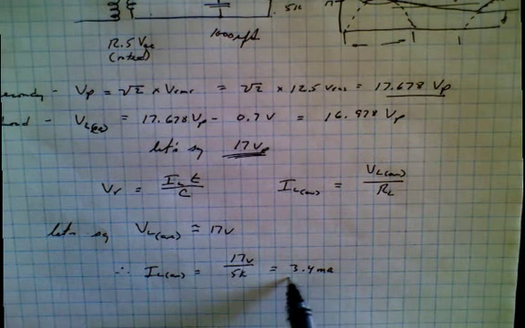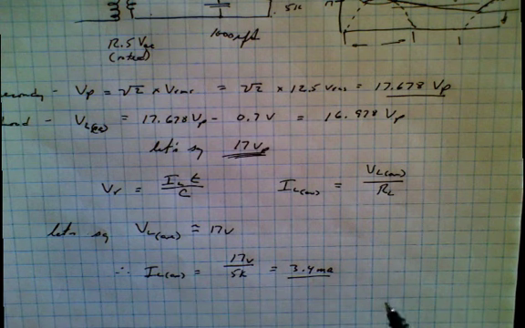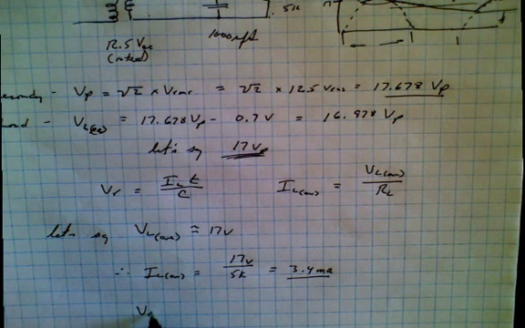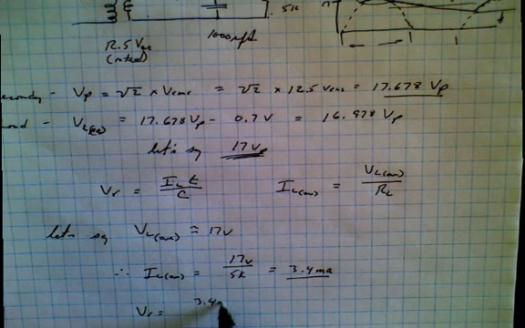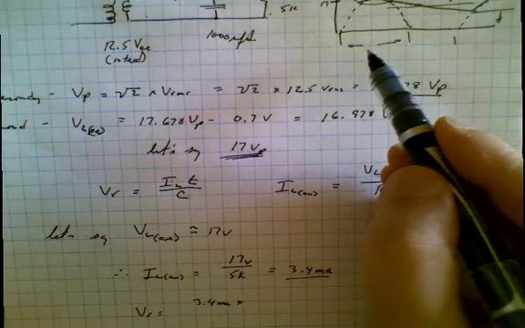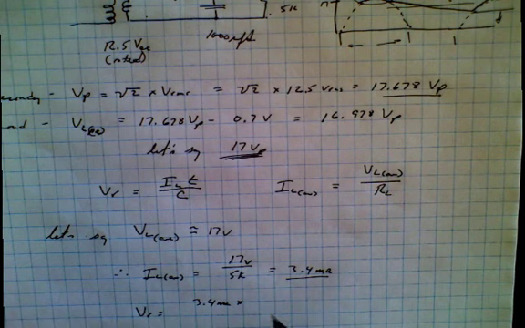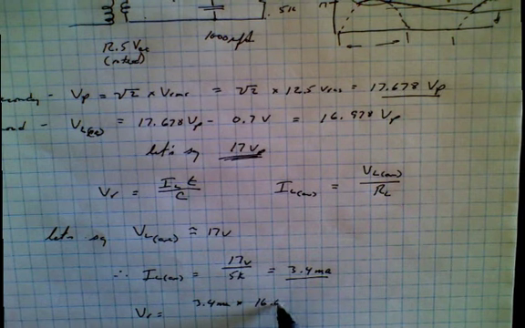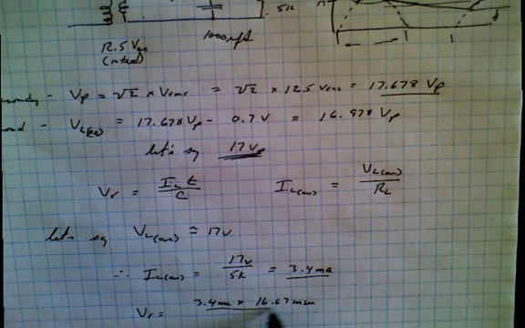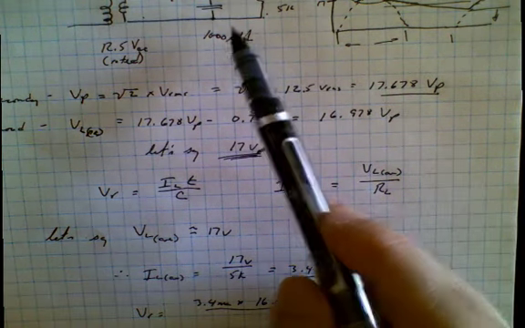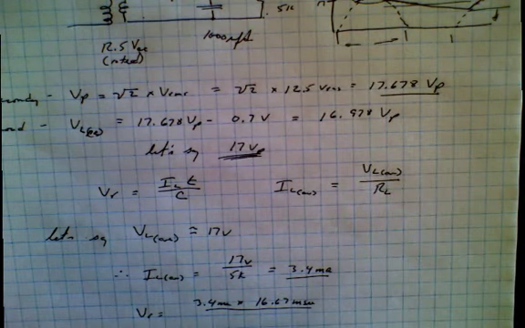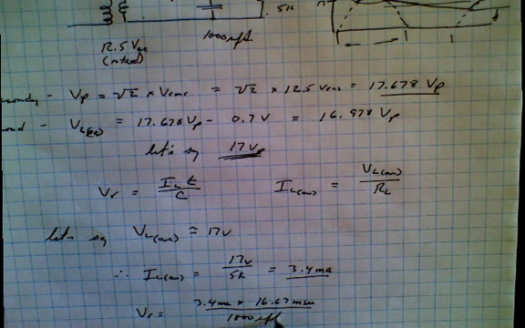Now, because we know this approximate load current, we can find the approximate ripple voltage. So we could say that the ripple voltage is equal to this load current, 3.4 milliamps, times the time of this period, which happens to be 16.67 milliseconds, divided by the capacitance, which is 1,000 microfarads.